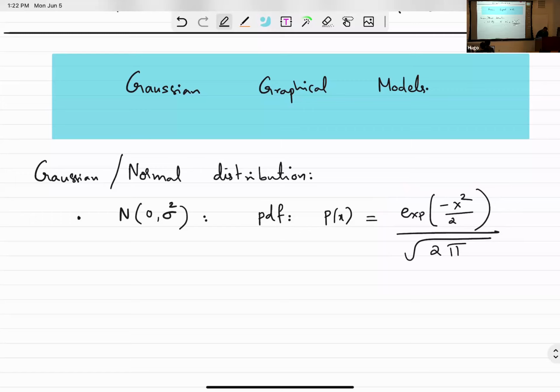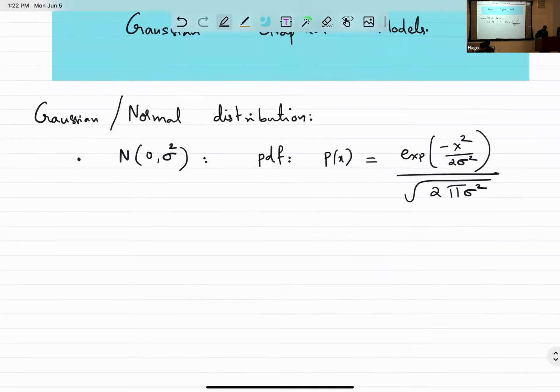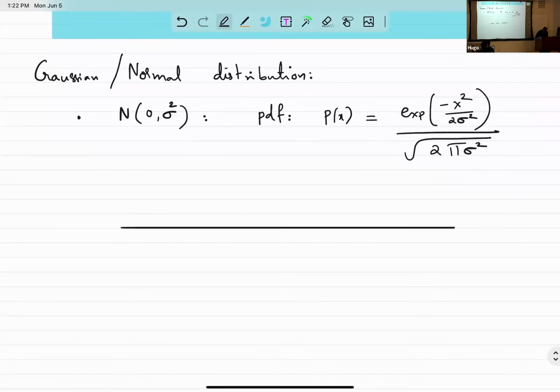And if you have something like sigma squared, you get a scaled version. If you want to draw it, the PDF looks like, you have 0 here and the famous bell curve. Okay. This is the univariate case.